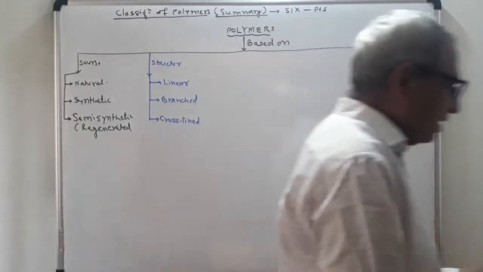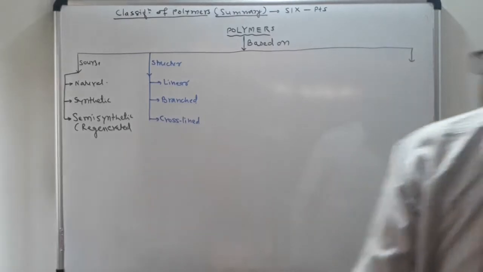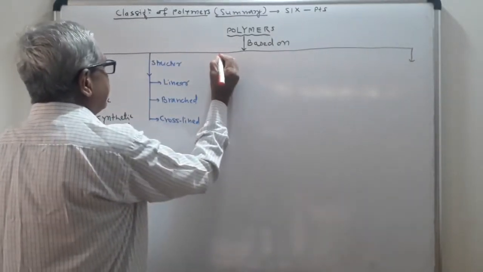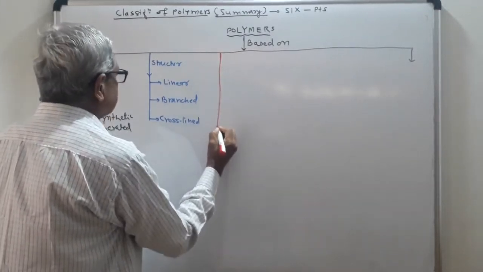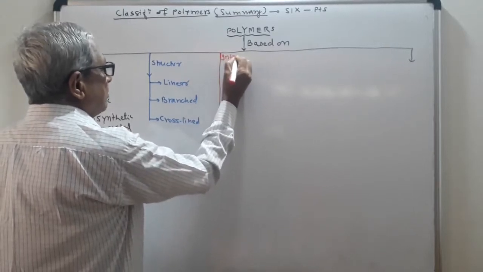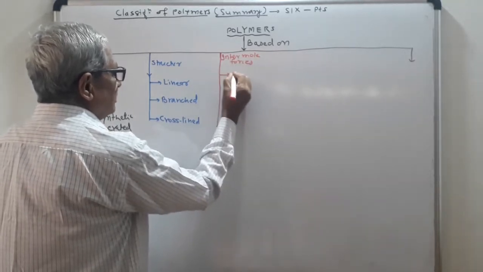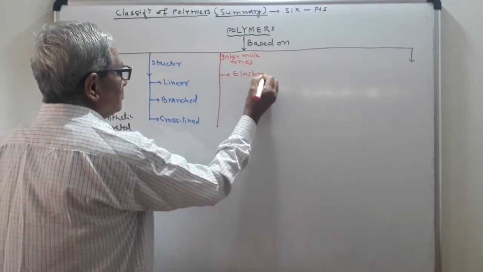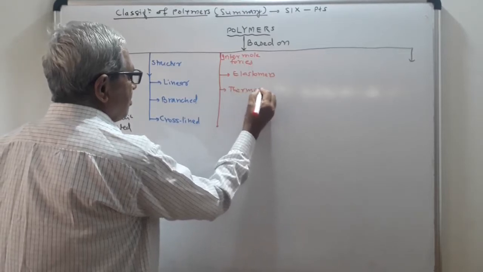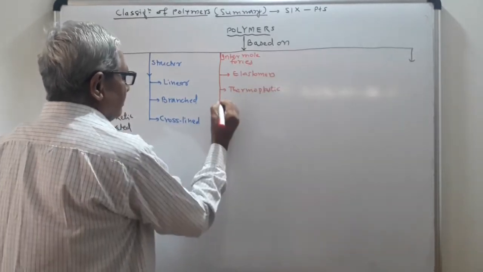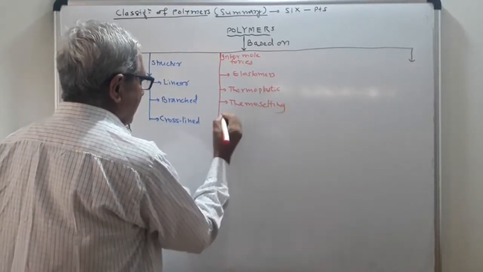Then the third one is based on intermolecular forces. This is the important point here. Based on intermolecular forces: one is elastomers, second is thermoplastic, then thermosetting, and the last one is fiber.